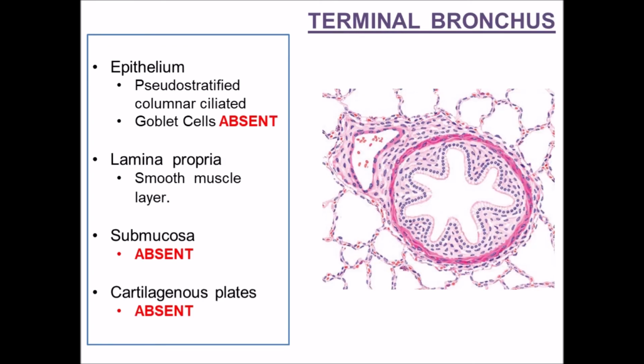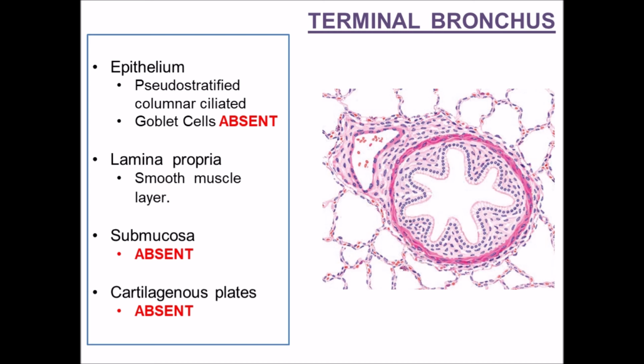Terminal bronchus is the last part of the conducting part. The lumen of terminal bronchus is 1 millimeter or less. This lumen is lined by simple columnar epithelium or simple cuboidal epithelium. Goblet cells are absent. The lamina propria shows a well-developed smooth muscle layer.